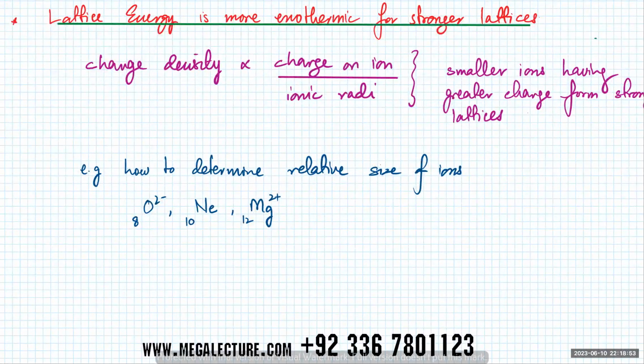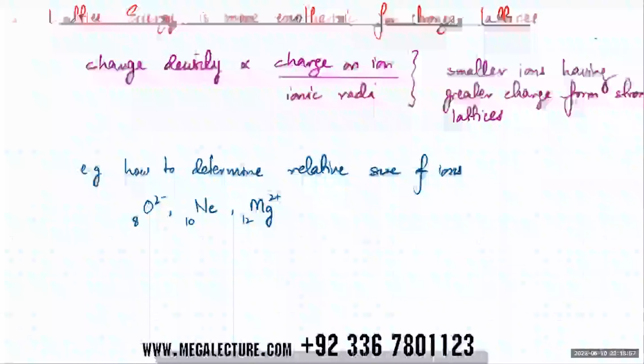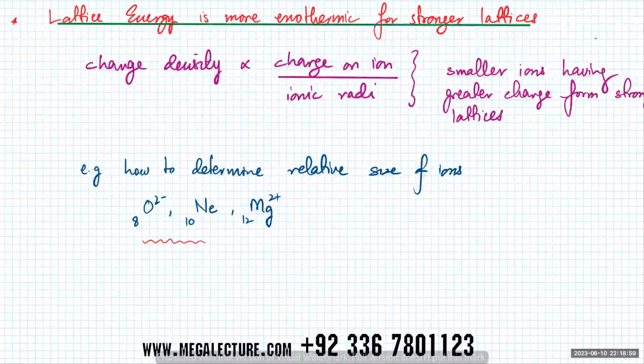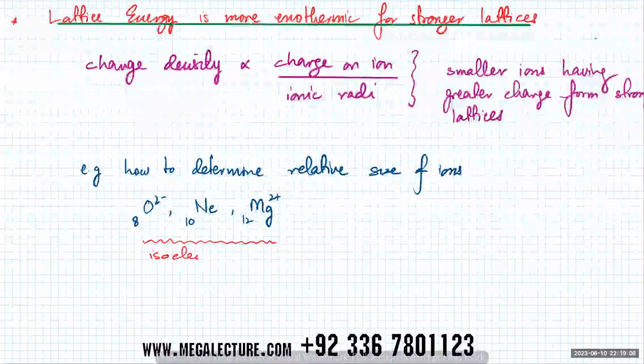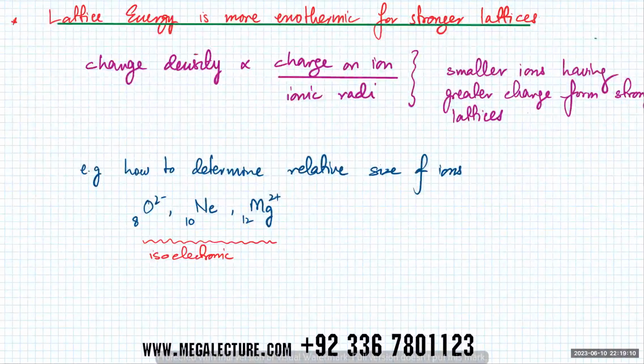Is O2 minus the smallest one? And why? Because it has the lowest amount of electrons? Actually, they're isoelectronic. They all have exactly the same number of electrons, all 10 electrons.